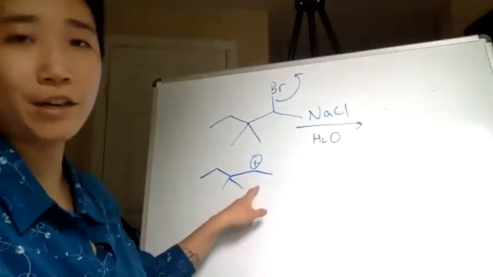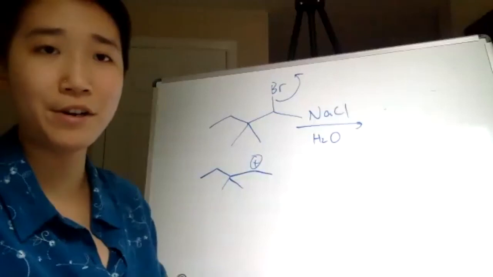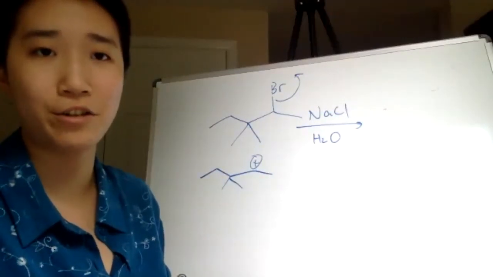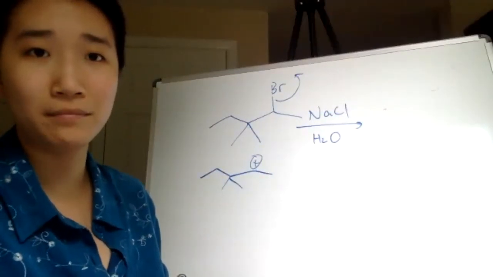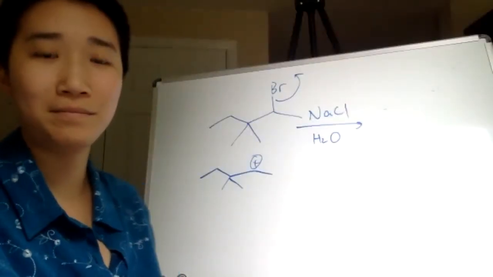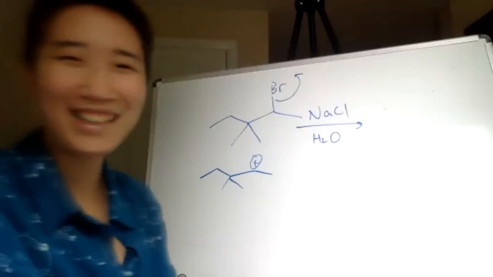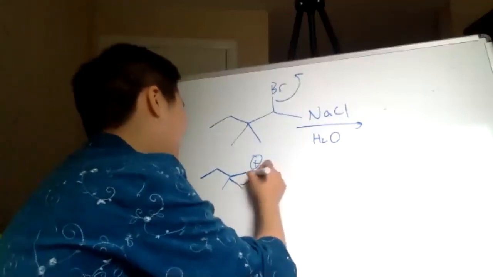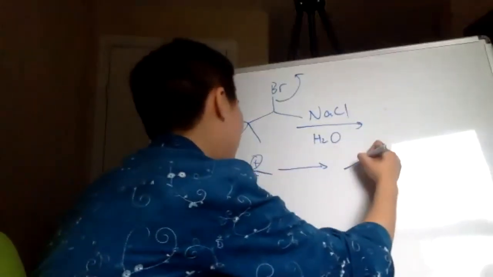We have the secondary carbocation, which is not very happy because it's secondary, not tertiary. Can it be better? Yes. How? With the methyl shift. Which methyl do you want to shift over? The bottom one. So we're going to do the methyl shift.